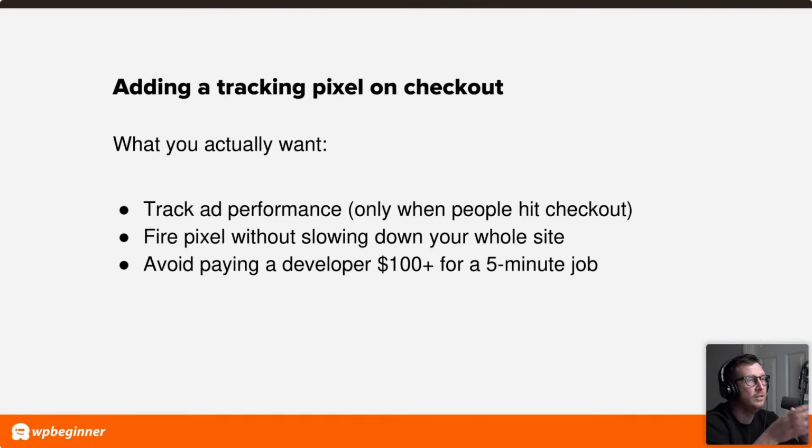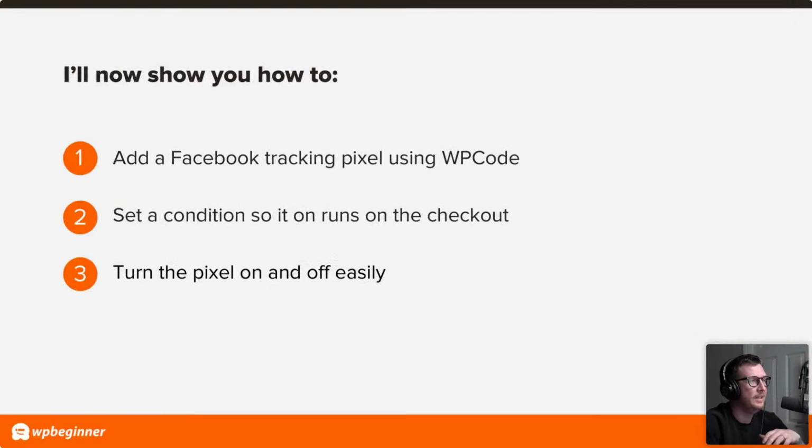And also, WP Code Pro actually comes with an add-on for conversions as well. So now we'll show you how to add a Facebook tracking pixel using WP Code. This can be any kind of tracking pixel.